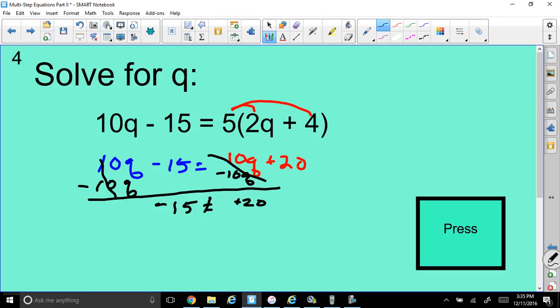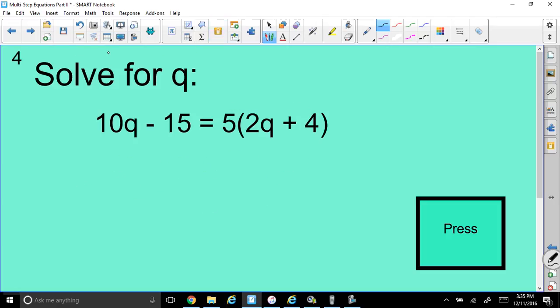So let's try it if we got rid of the number first. Let's put this back. 5 times 2 is 10Q, and 5 times 4 is positive 20. And let's put this back. On this side, 10Q minus 15. So we brought the Qs over, but let's bring the numbers over and see what happens.